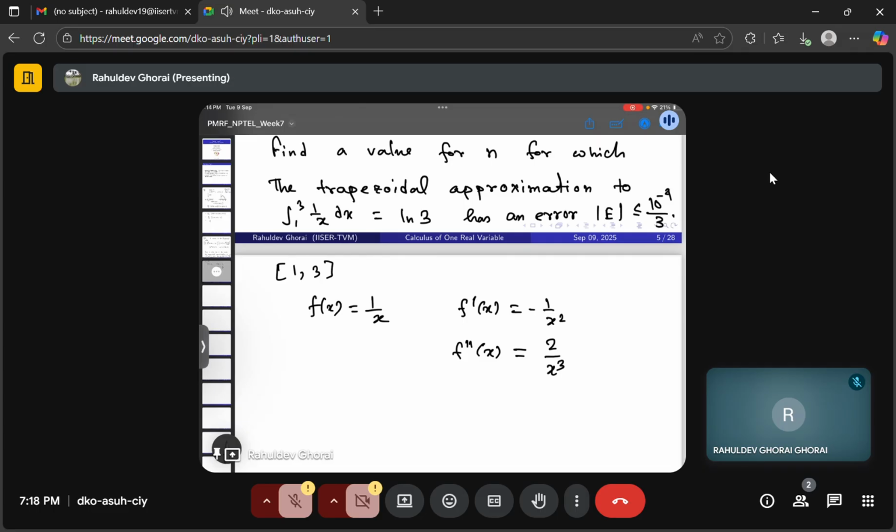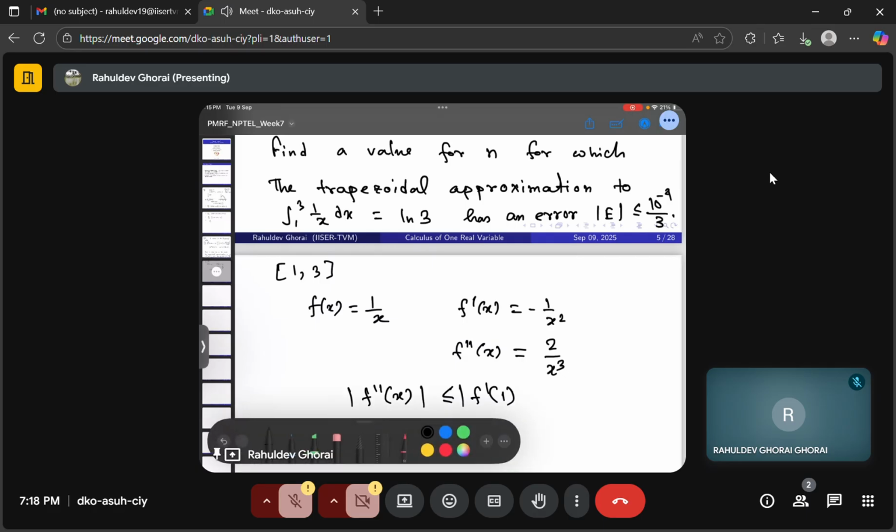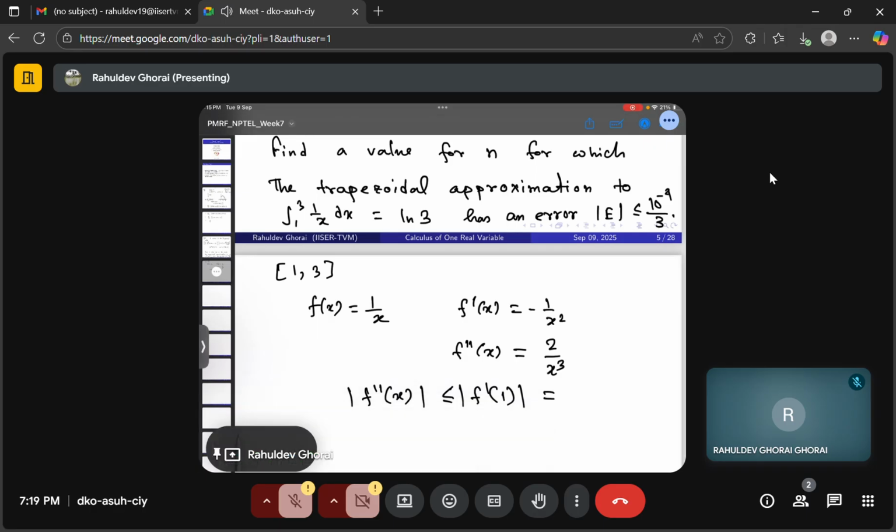So in the interval, that will be decreasing, right? So it will give you f double prime of x is less than or equal to f double prime of 1, because it's decreasing, and that is equal to 2.